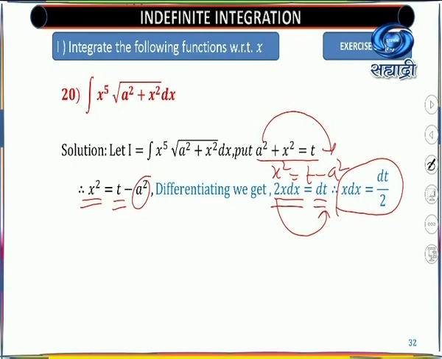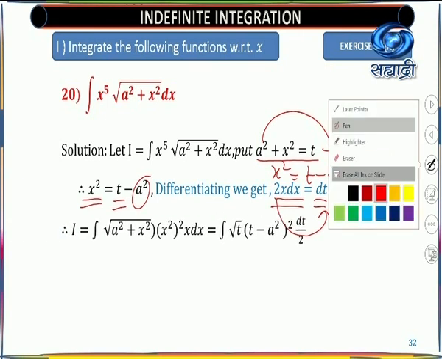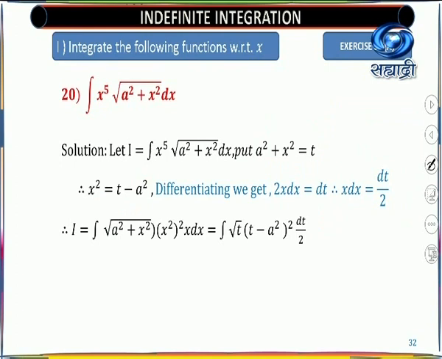Now we'll substitute in our integration. So now look at here. What we'll get? We'll get here root of a square plus x square into x. This splitting is important. This x raised to 5 I will write as x raised to 4 into x.